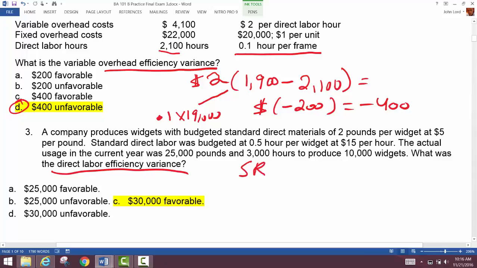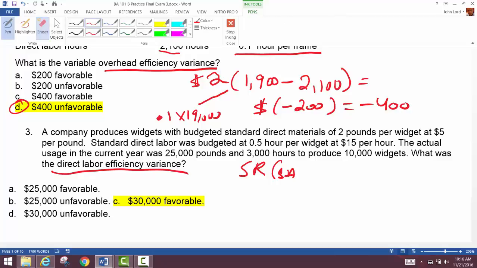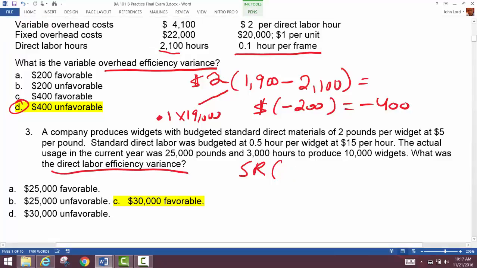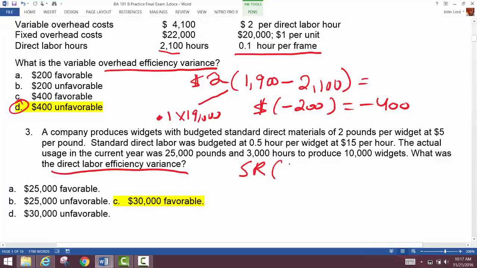Standard rate times standard hours minus actual hours. Okay, good. So the standard rate is, what is it, $15 per hour?